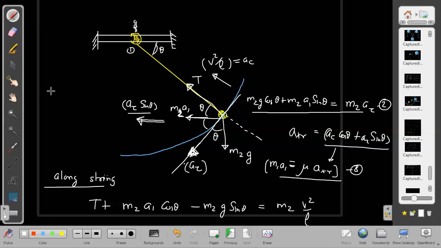So here only we can say that this was having two accelerations, due to the centripetal component and due to this. This is V square by L cos theta plus A2 into sin theta. This is the net horizontal acceleration.